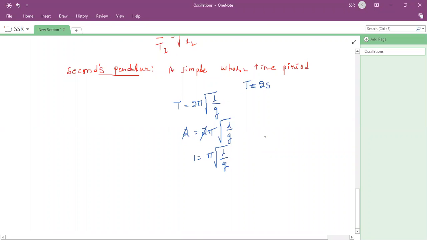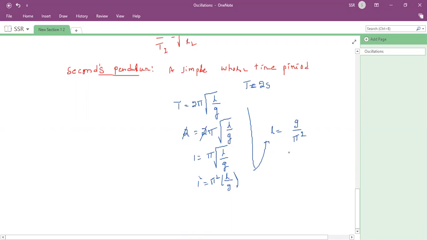Squaring on both sides, 1 squared is equal to pi squared into L by G. Then from this, L is equal to G by pi squared. Do you agree?